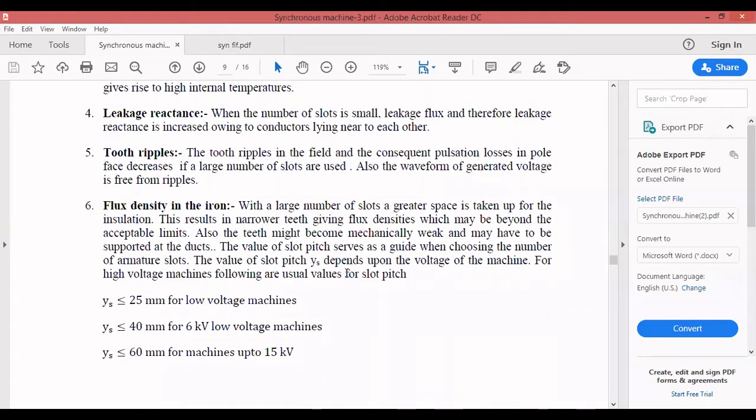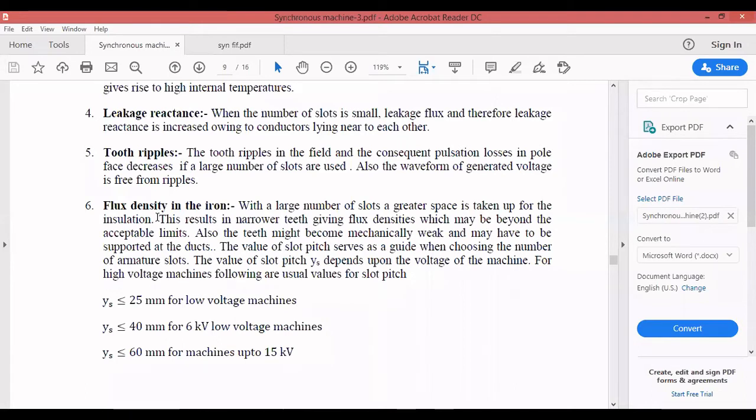Next, the last one, flux density in the iron. With a large number of slots, a greater space is taken up for the insulation. That is required for larger rating machines.